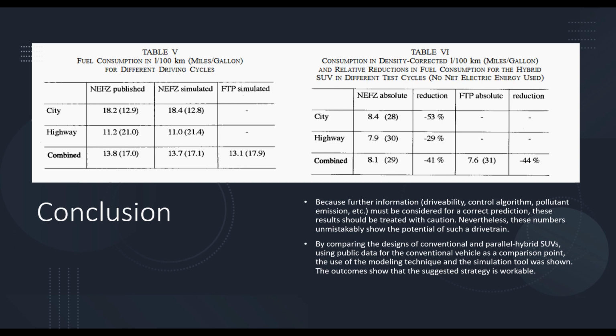But they do show a great potential for being able to model hybrid vehicles. By comparing the designs of conventional and parallel hybrid SUVs using the public data for the conventional vehicle as a comparison point, they showed that the use of the modeling technique and simulation tool was workable.